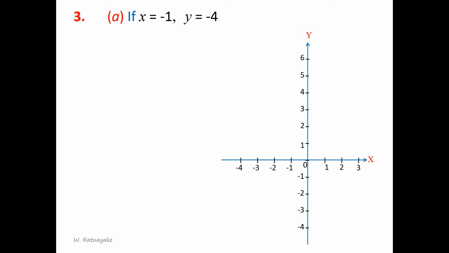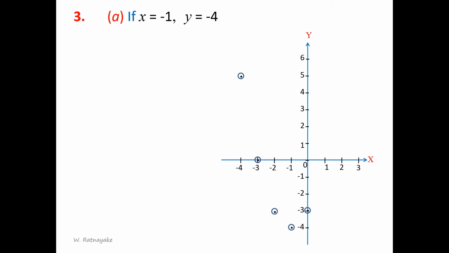That is minus 4, 5. This is minus 3, 0. This is minus 2, minus 3. This is minus 1, minus 4. This is 0, minus 3. This is 1, 0, and this is 2, 5.